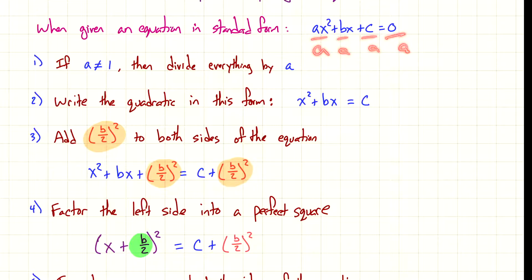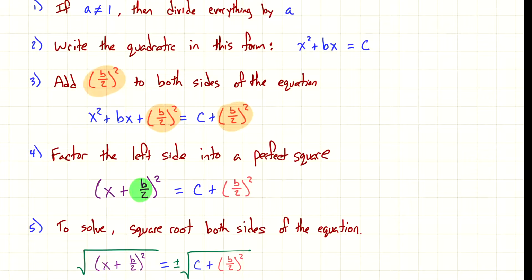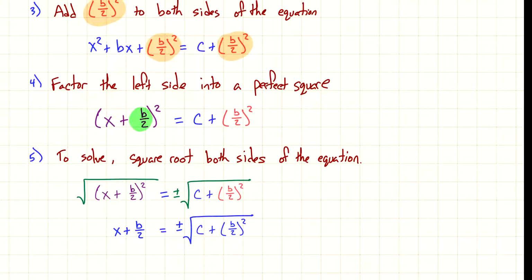And then you should be good to just solve it. Rewrite it. Make sure you know what your b value is, because you're going to do b divided by 2 squared, and you're going to add it to both sides. And then when you factor, you're going to have b divided by 2 inside the parentheses for your perfect square, and then you go ahead and square root both sides.